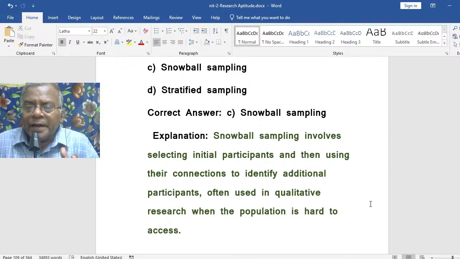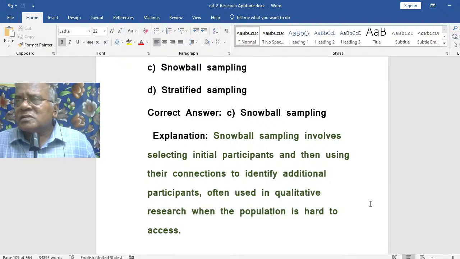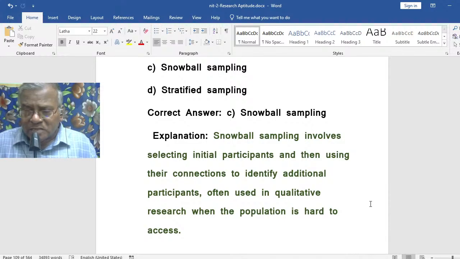See, there is a particular thing the researcher wants to study. For that, he cannot get just any sample. He needs certain purposeful samples which are really helpful for his research in qualitative research. So he may choose, for example, some 10 people, but he needs 20 samples.